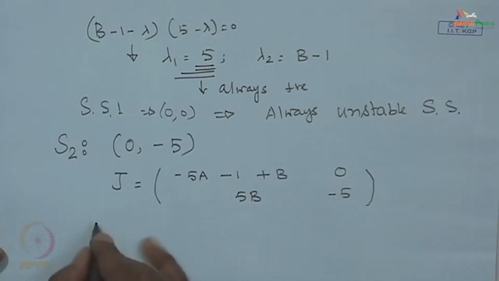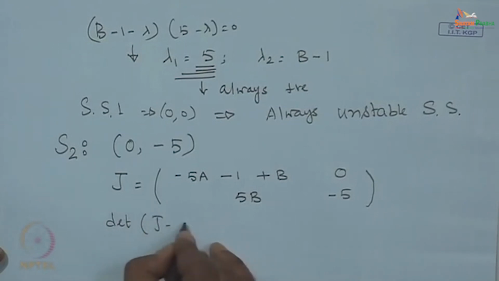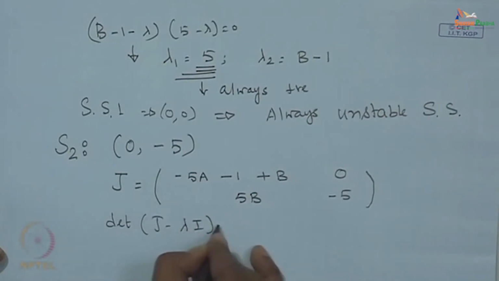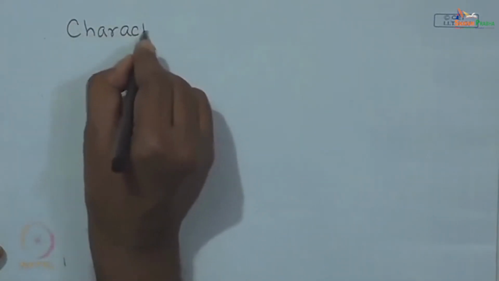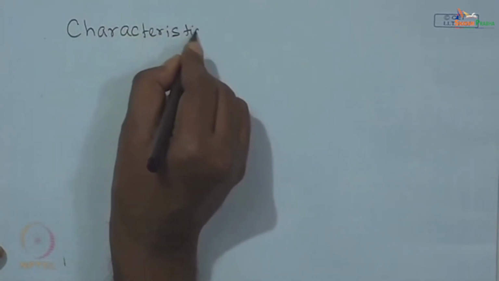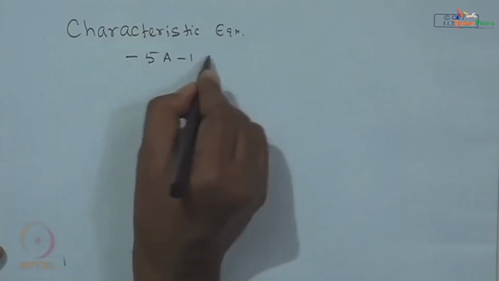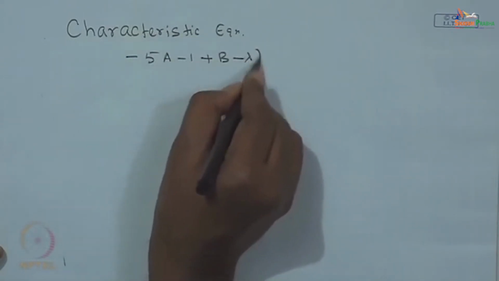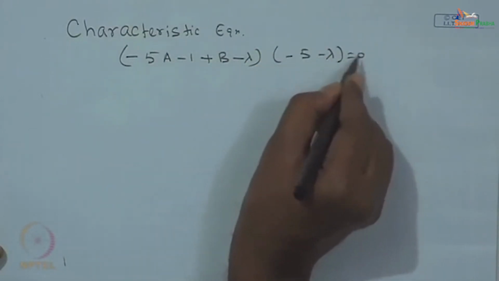So, we evaluate the eigenvalues by putting the determinant of J minus lambda I equal to 0. So, if we do that, the characteristic equation becomes minus 5a minus 1 plus b minus lambda, multiplied by minus 5 minus lambda, is equal to 0.